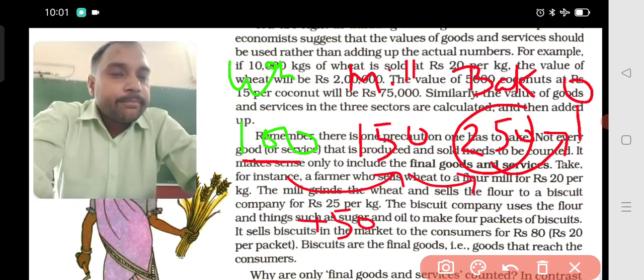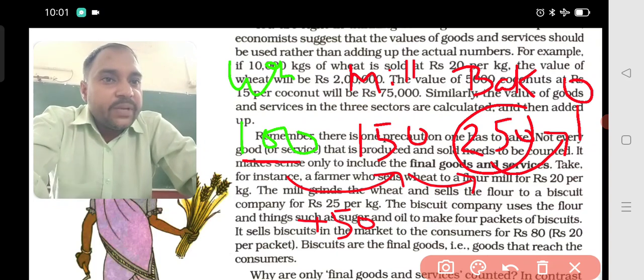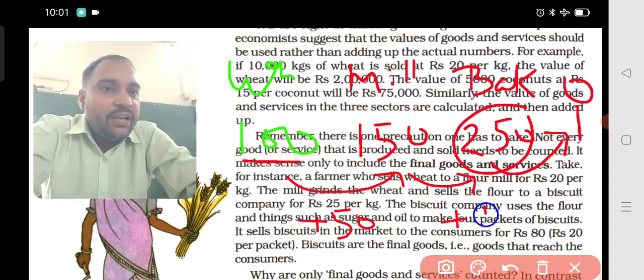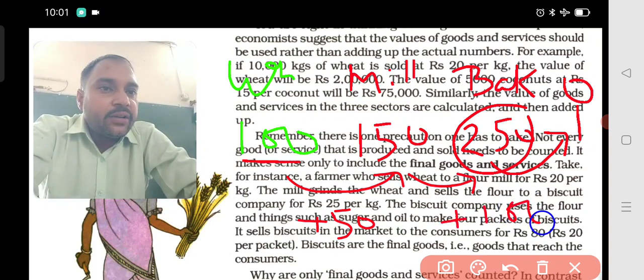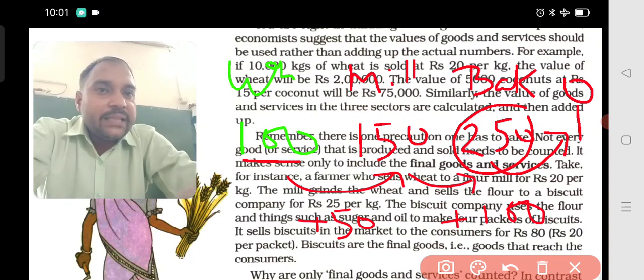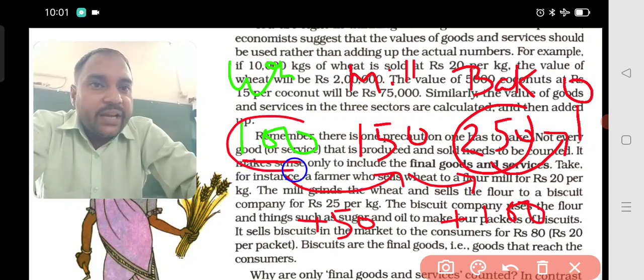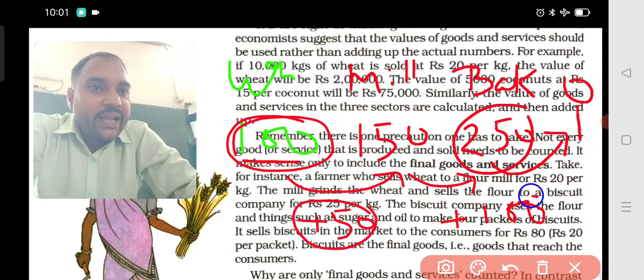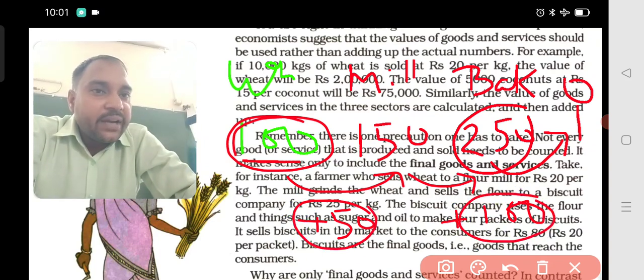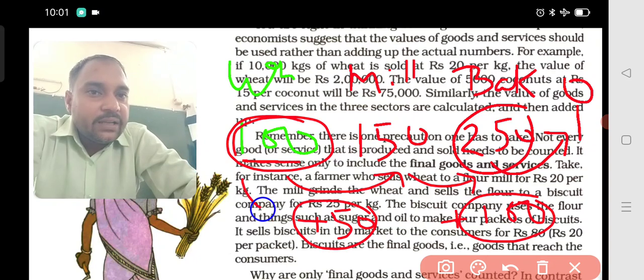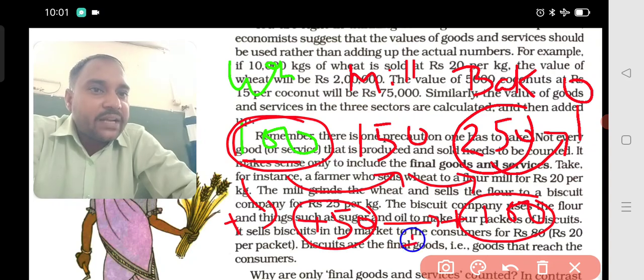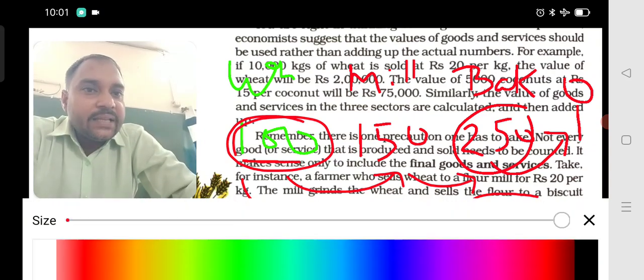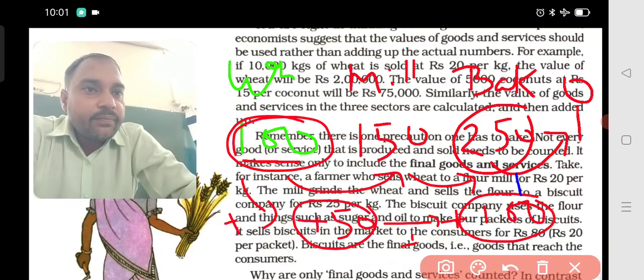Now the baker purchases the flour of rupees 150 and adds the value of rupees 100 to it. So in the wheat, which is the basic product of rupees 100, value added is rupees 50, making 150. Again value added is rupees 100, which totals 250.